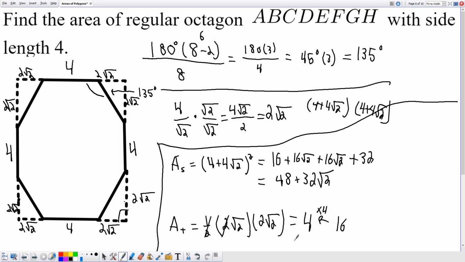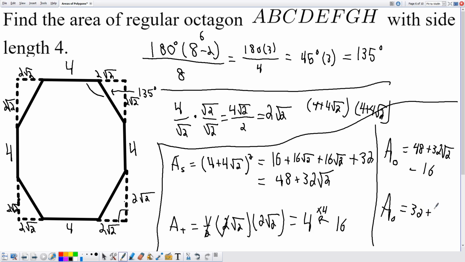Now, to find finally the area of the octagon, area of O, we just take the area of the square, so 48 plus 32 root 2, and subtract the area of the triangles, which amounts to 16. So our area of our octagon ends up being, well, 48 minus 16 is 32. So you have that it's 32 plus 32 root 2.